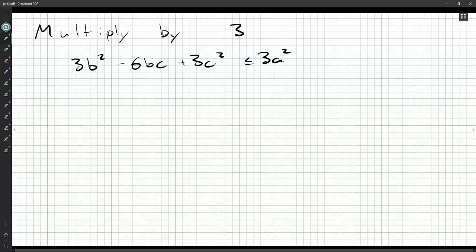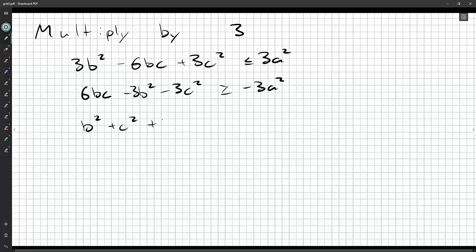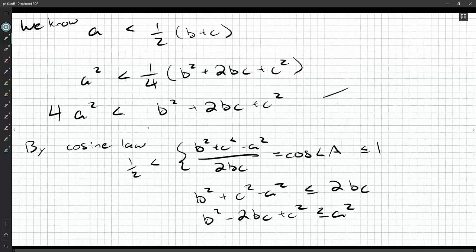Multiply both sides by negative 1, and you'll get 6bc minus 3b squared minus 3c squared is greater than or equal to negative 3a squared. Now I've got two expressions. So I got b squared plus c squared plus 2bc, and that's greater than or equal to 4a squared. Right? That's what we just had. That's this line up here.